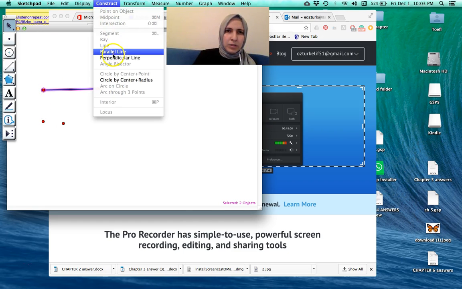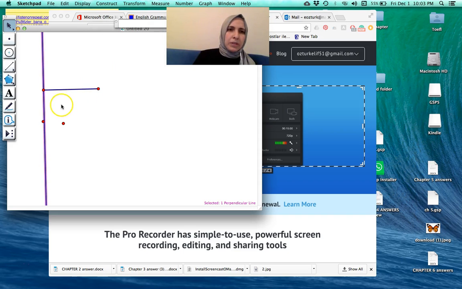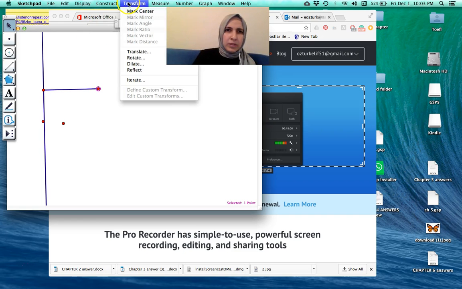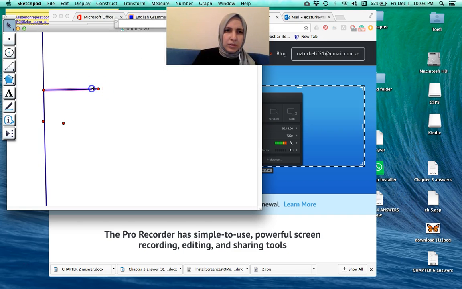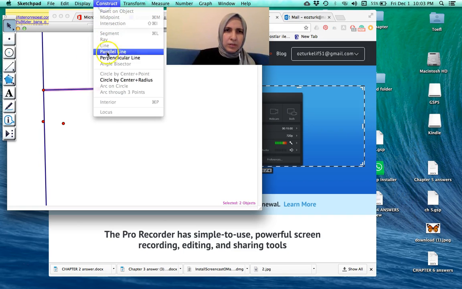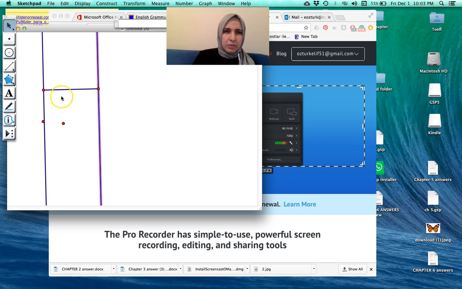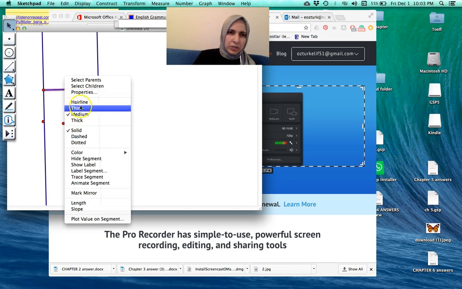Forgot to make it. Okay, anyway, the perpendicular line. And then I also need a perpendicular line there. Yes, there's another perpendicular line.